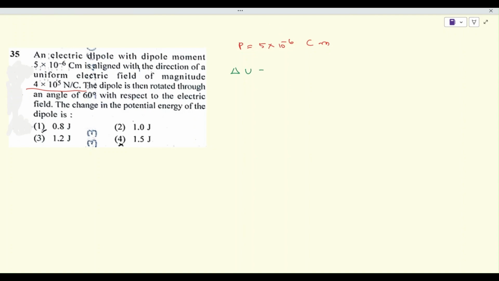Change in potential energy is equal to dipole moment into electric field into 1 minus cos theta, which is dipole moment 5 into 10 power minus 6, electric field is 4 into 10 power 5, into 1 minus cos theta, cos 60 is 1 by 2. So 5 into 4 into 1 by 2 into 10 power minus 6 plus 5 is 1 joule. Answer is the second one.